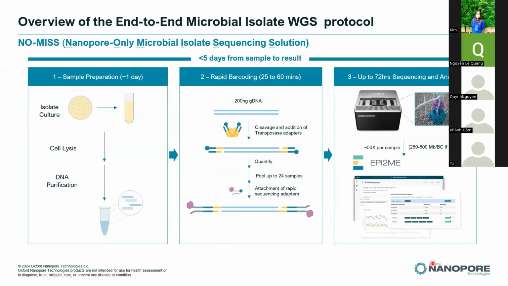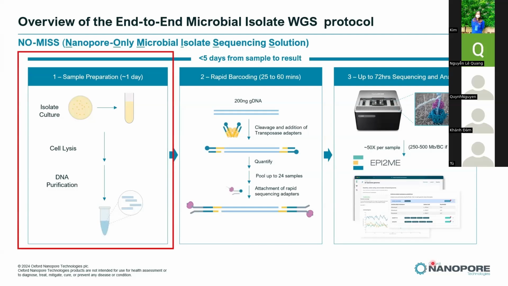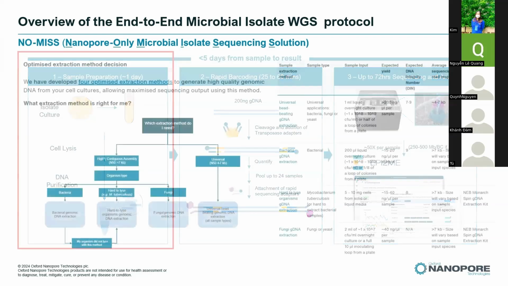This 50x coverage threshold is what we tested and validated as sufficient for downstream analysis, including accurate assembly, plasmid resolution, AMR profiling, as well as SNP genotyping. You can also analyze your sequencing data using our software Epi2me, which is a very user-friendly bioinformatics tool.